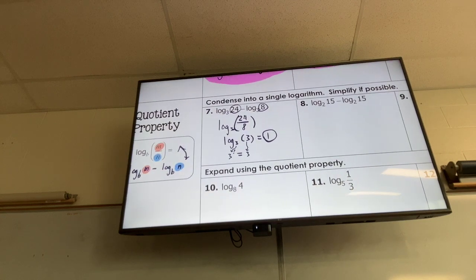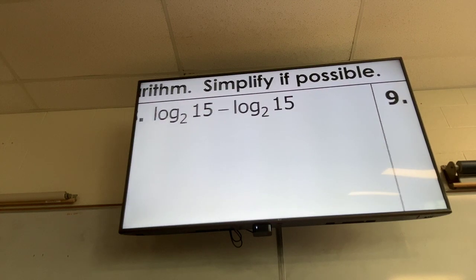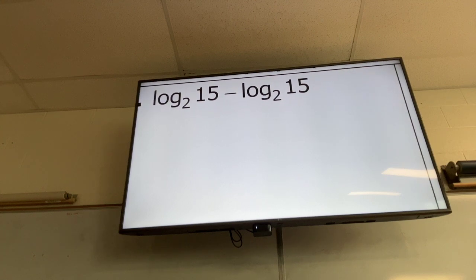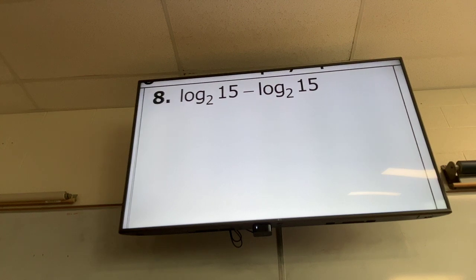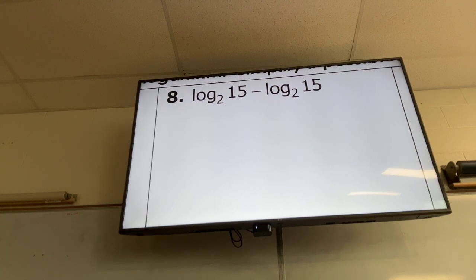All right, guys, this next one, they're trolling you. Obviously, the answer is going to be what? It's going to be 0 eventually. First of all, my base is the same. So what does this condense to?